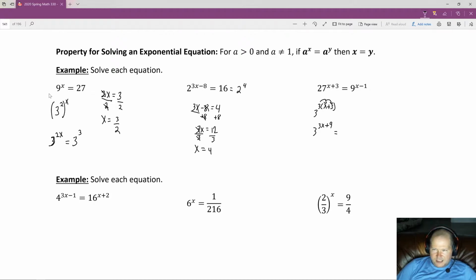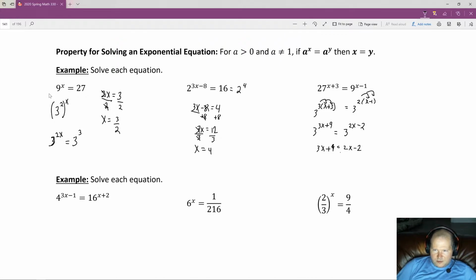Next, the prime factorization of 9 is 3 to the second power, and we multiply it by x minus 1. So we end up with 2x and 2 times negative 1, which is negative 2. Since they both have the same base, we know 3x plus 9 must be equal to 2x minus 2.